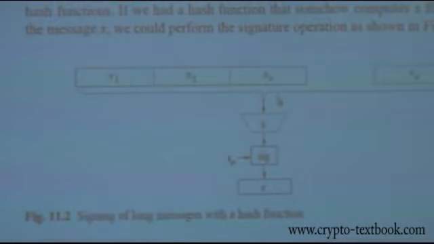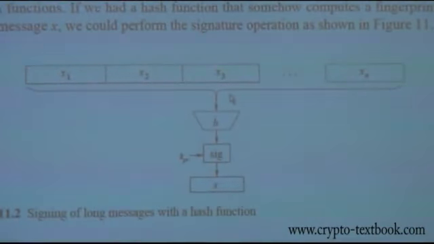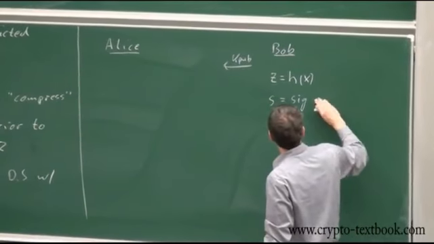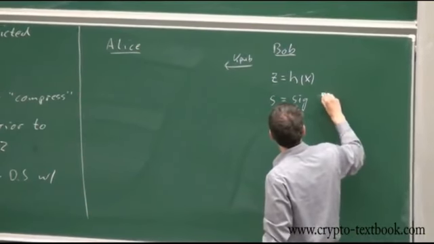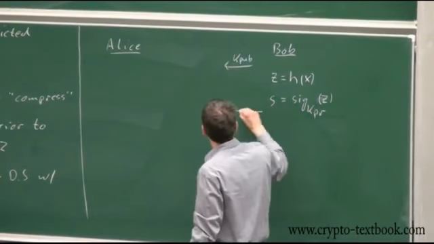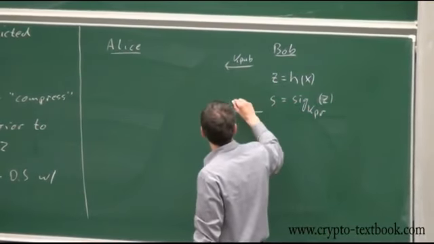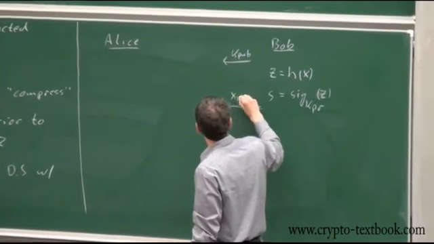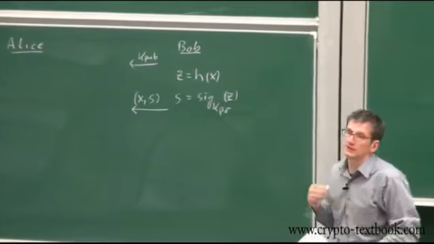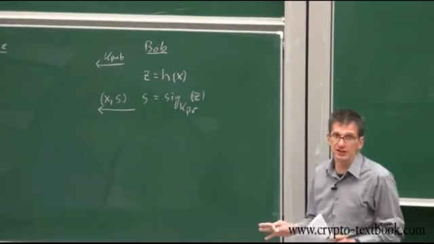So you get something nice and short out, and this nice and short hash output can then be signed using the private key. What you send over is, as before, message and signature, nothing changes.